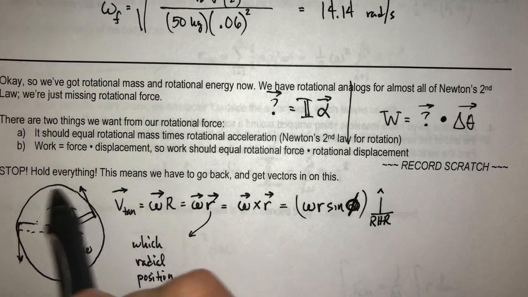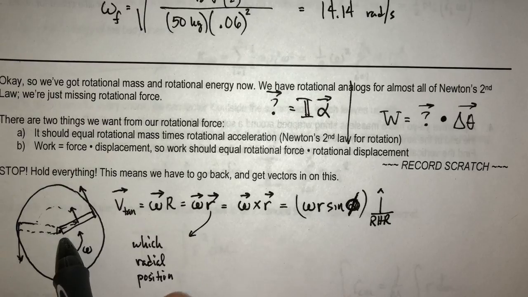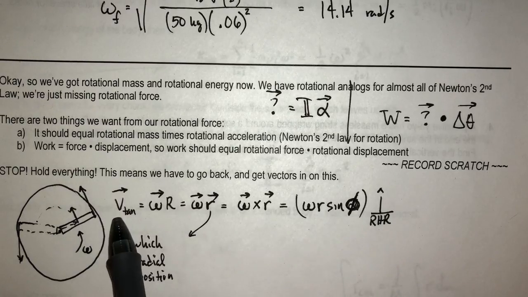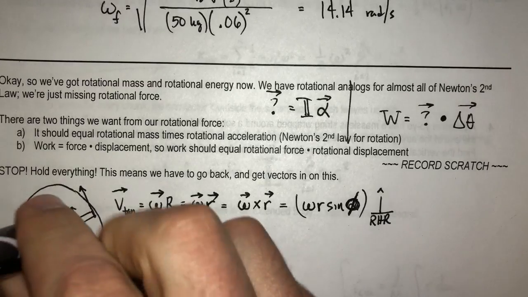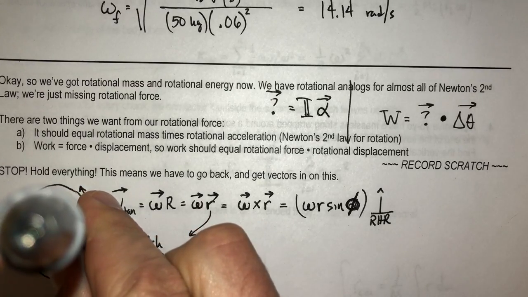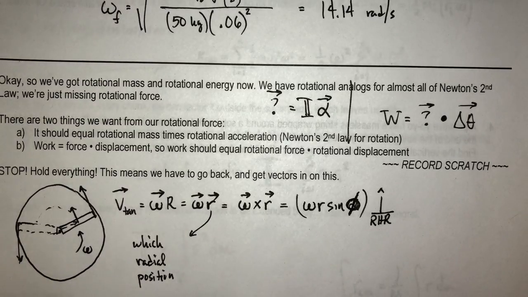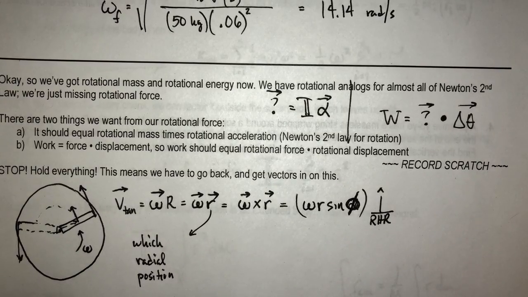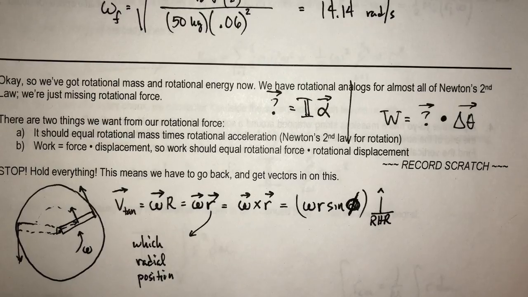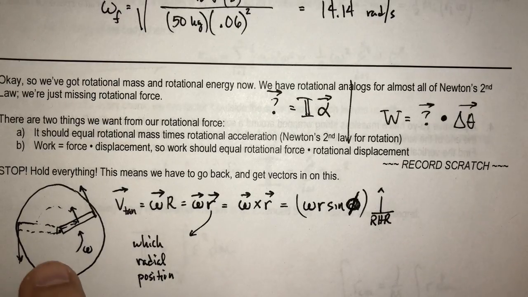So we've got rotation in what let's call the xy plane. Omega, in order for this to line up, needs to be out of the page, at us, at our face. And remember, we do this with the right-hand rule, right? If omega is out of the page, then omega points up.